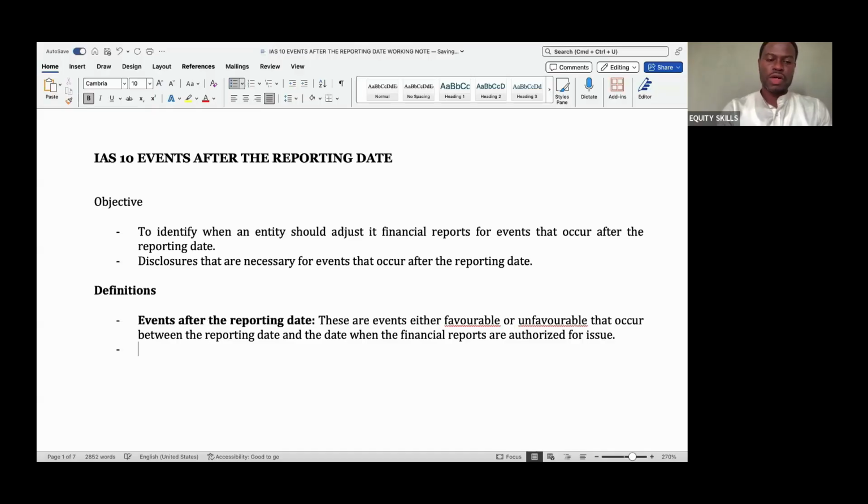So the second one is reporting dates. I want to believe that this one is very clear, which is why I'm not emphasizing so much on it. We are still going to go to those events, but as the name implies, events after the reporting date. So when we say after, it has to have a limit.